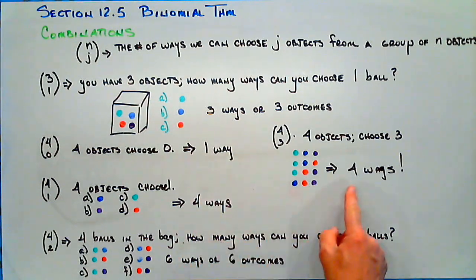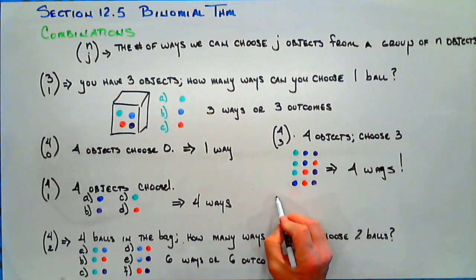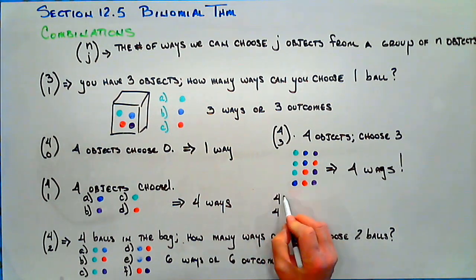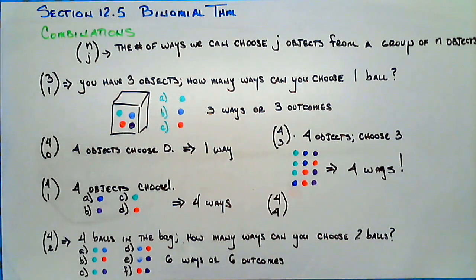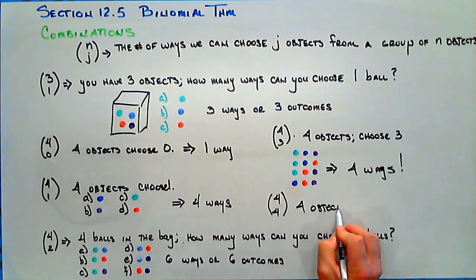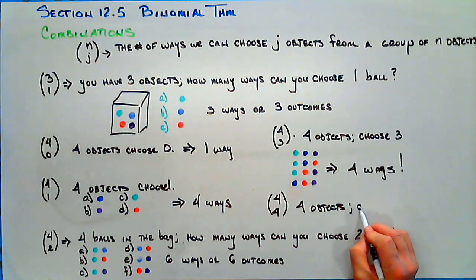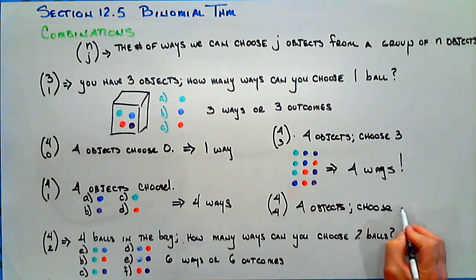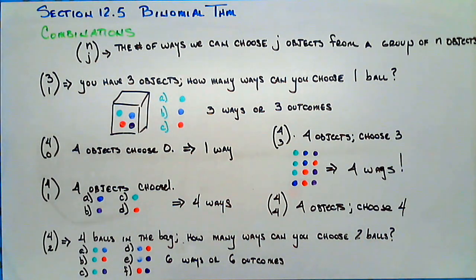1, 4, 6, 4. What happens if we have 4 choose 4? How many ways can we put 4 objects in the bag and choose 4 of them? Well, there's only one way, right? There's only one way that could happen. We reach in the bag and with our hand, we grab all 4 balls.